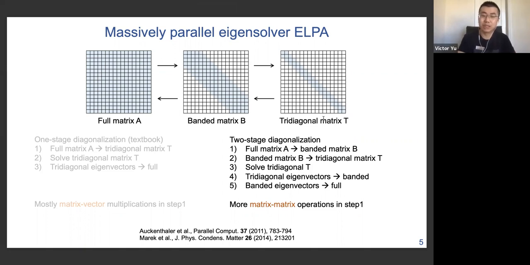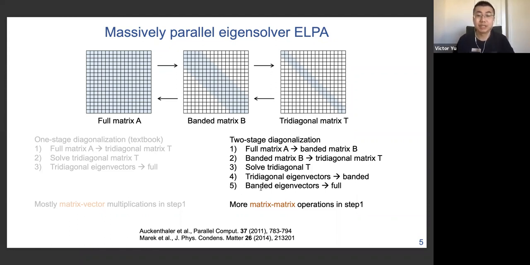But the price to pay is that for the corresponding back transformation, you have two steps, which means that the one-stage algorithm is actually sometimes faster when we compute all the eigenvectors, because when we compute all the eigenvectors, the two-stage algorithm needs to back transform all the eigenvectors in two steps.